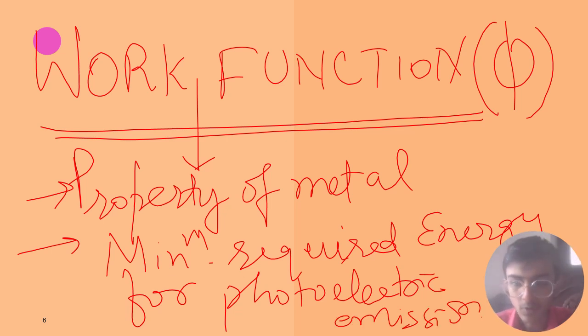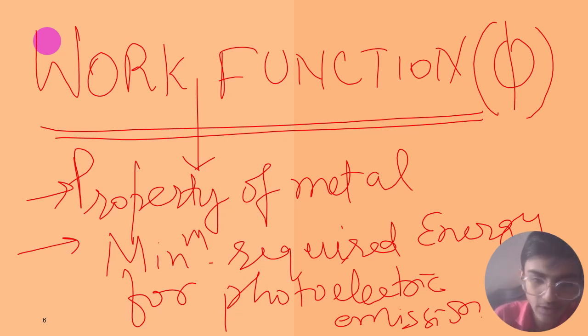So for photoelectric emission, the minimum amount of energy that is required is only the work function. So we said that work function is actually energy only. Dimensionally also it equals the dimension of energy. It is a minimum amount of energy, the minimum required energy for photoelectric emission.